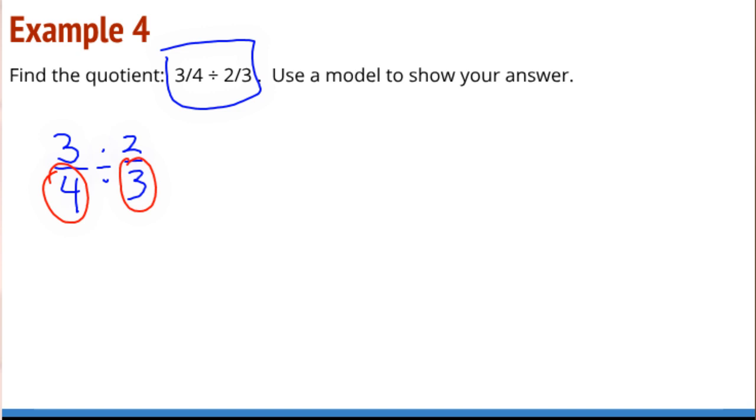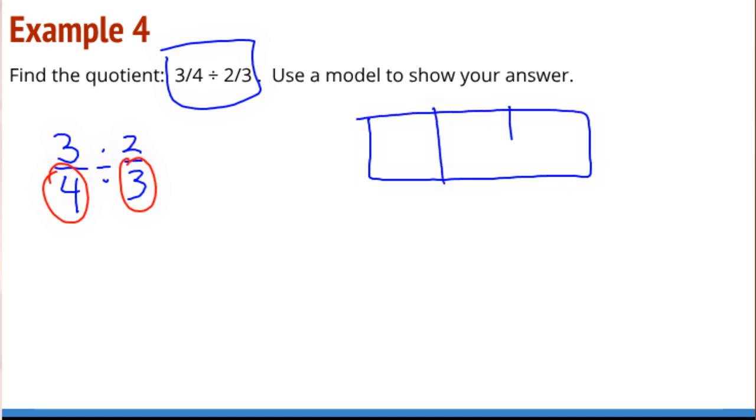Well, before we get too far here, I'd like to take a look here and just see what's happening. 3/4 is 2/3 of a number. So I have a model so that I can see kind of what's happening here.